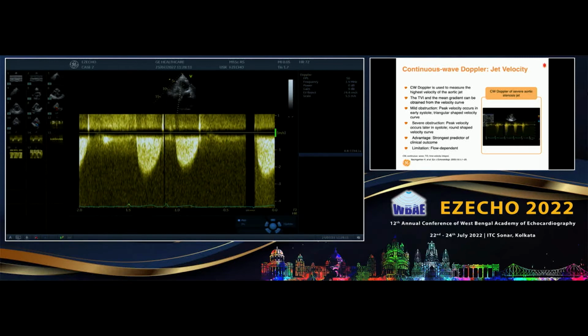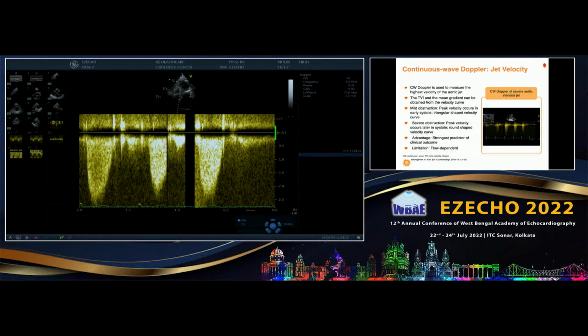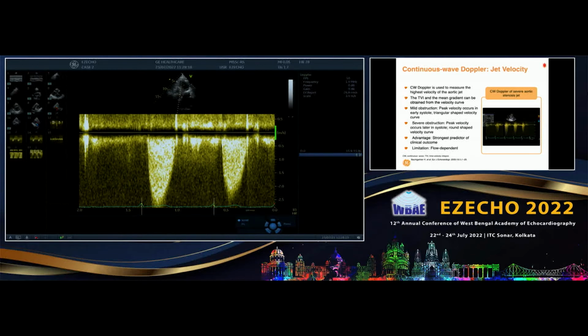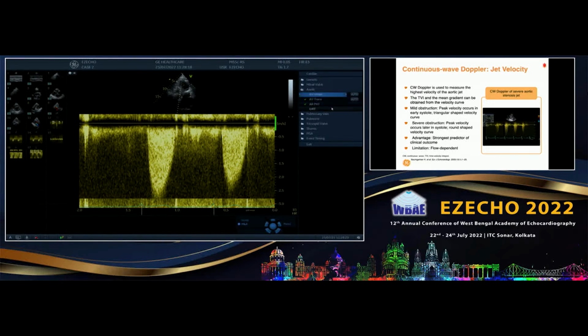See, the significance of this DVI, Doppler velocity index. If it goes below 0.3, what does that tell you? The denominator is bigger, so the velocity time integral of the aorta is quite large, while that of the LVOT is quite less. So that tells me there is a significant aortic stenosis.